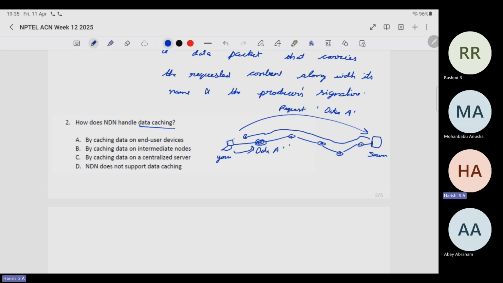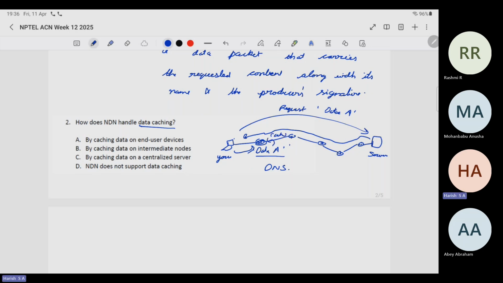A simple example for this is DNS architecture. If you've studied it, DNS caching is where you cache the IP addresses of domain names in the closest node to you. So basically, this data A is cached here.